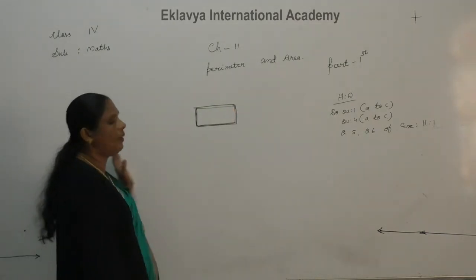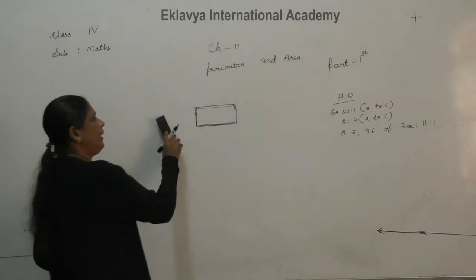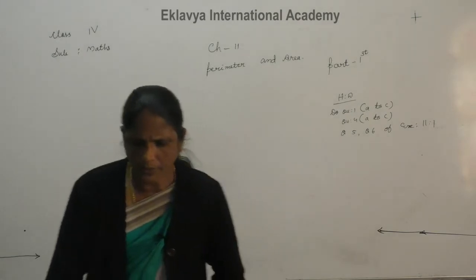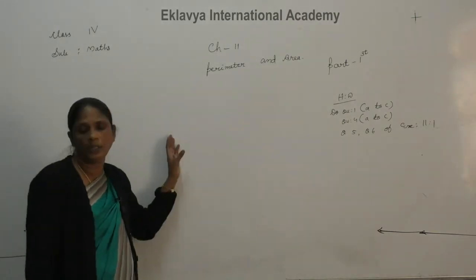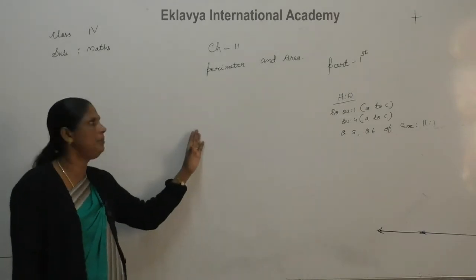Then how to find the perimeter? What is a perimeter? The length of the boundary of a plane figure is called perimeter.